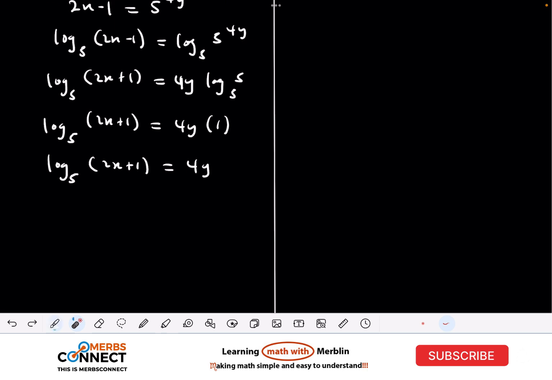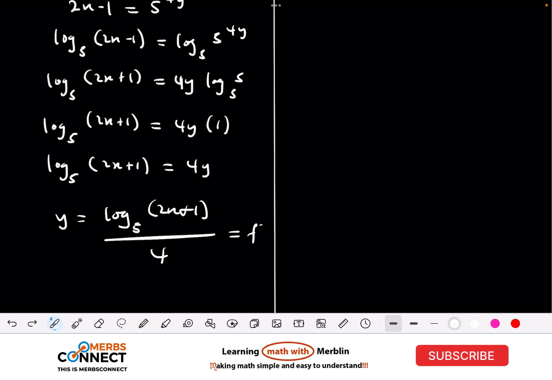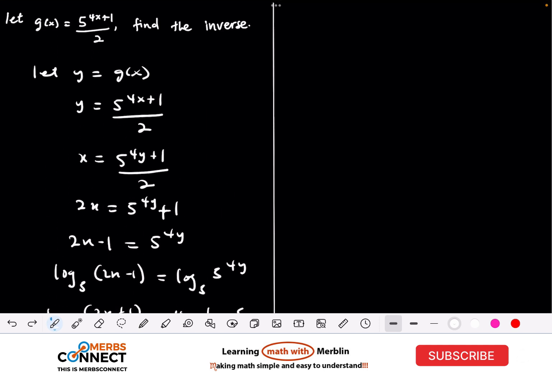So we are going to have y equal to log base 5 of 2x plus 1, all divided by 4. And this is the inverse of the function. Very simple. So make y the subject, simplify by making y the subject, and your final simplification is your inverse.